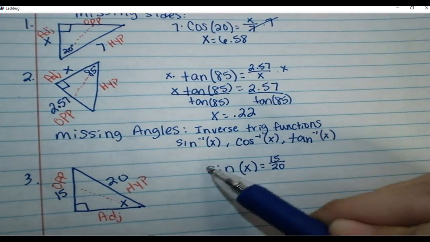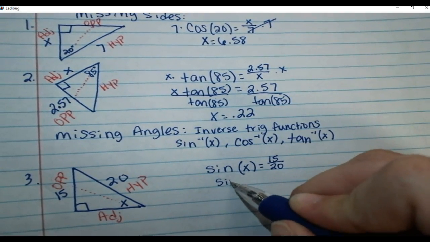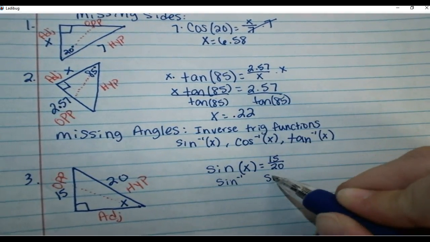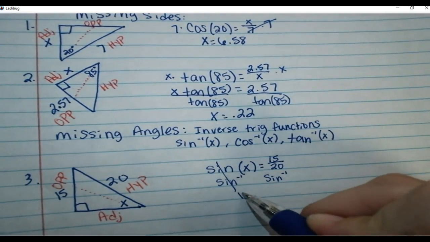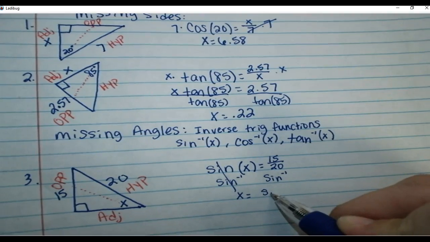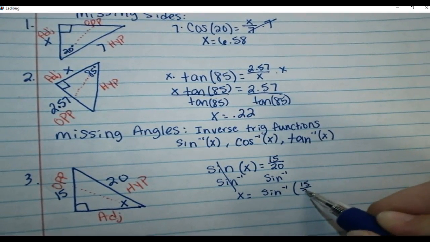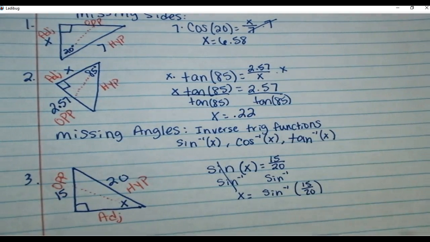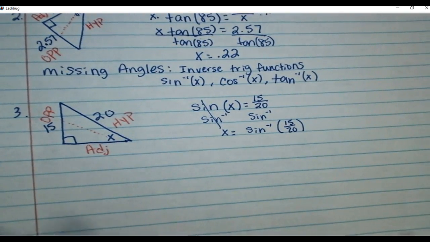So then, to get x by itself, we have to get rid of this sine. So we do sine inverse, sine to the negative 1. So then that leaves me x equals sine negative 1. And now that 15 over 20 is what goes inside of that sine inverse. And then we just type that in our calculator.